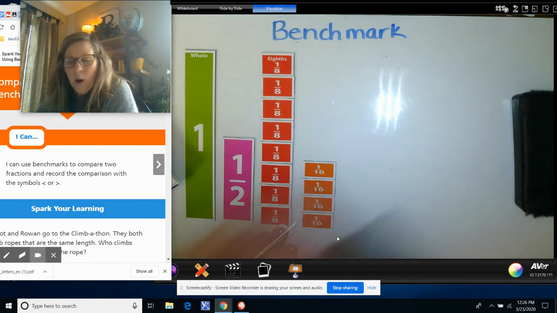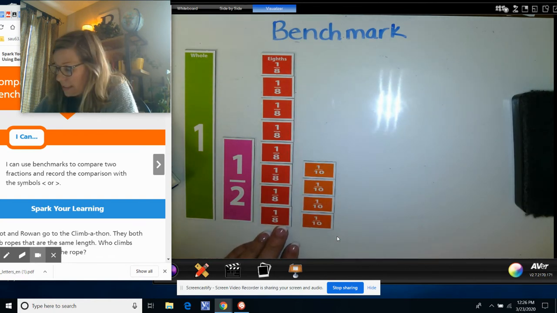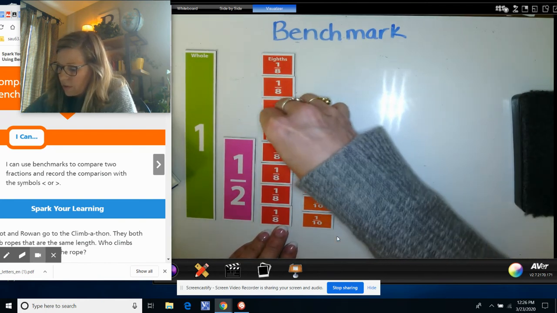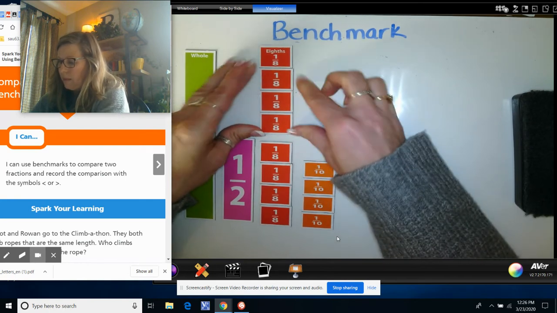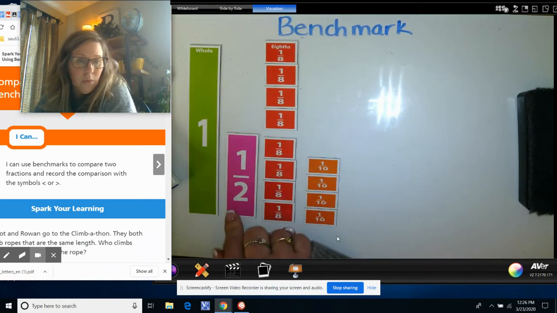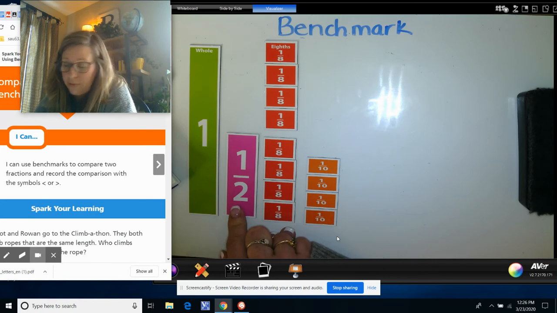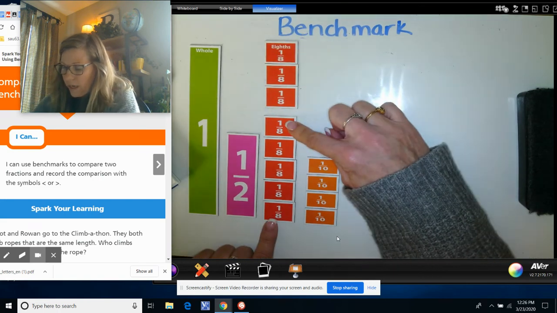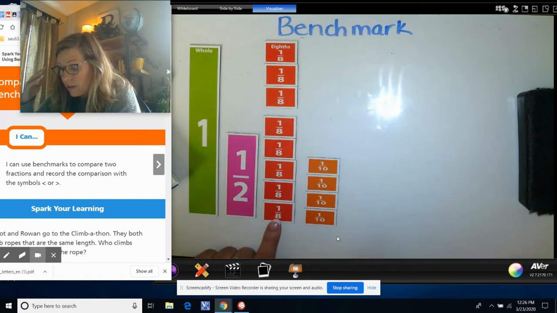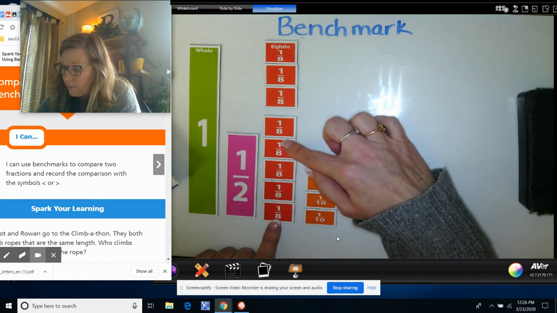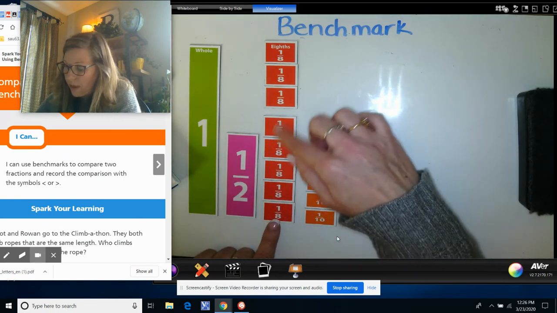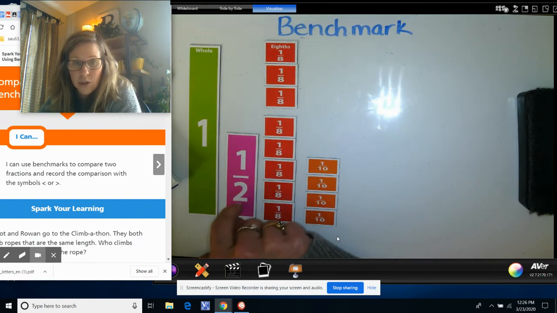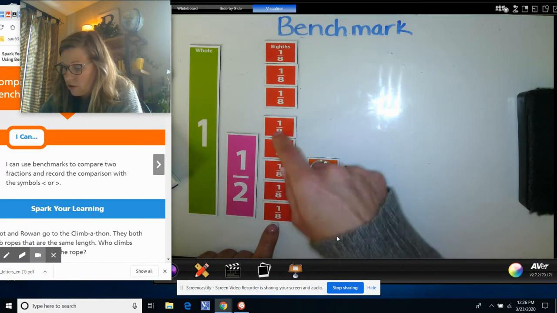If you were to think about what is 1/2 of 8, you would say 4. 1, 2, 3, 4. Notice that 4/8 is actually equal to 1/2. So when we said 5/8, we already know in our head, we can begin to visualize that 5 is greater than 4. So we know that 5/8 is larger than 1/2, if we're using 1/2 as our benchmark, and we know 5 is larger than 4.